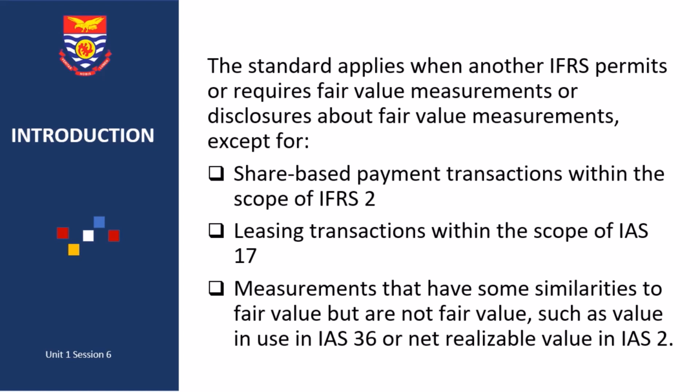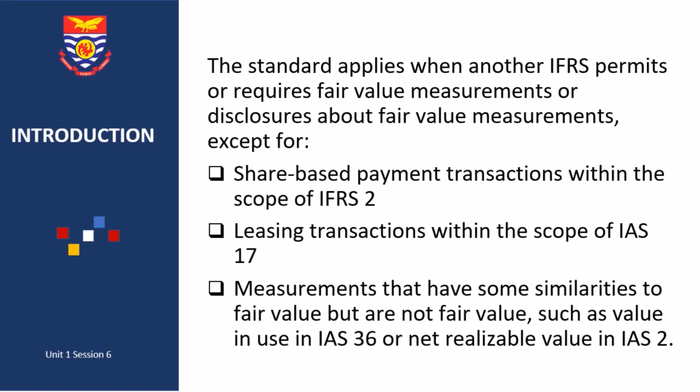So we say the standard applies when another standard or IFRS permits or requires fair value measurement or disclosures about fair value measurement, except for those measured through IFRS 2 and leasing transactions within the scope of IFRS 16.